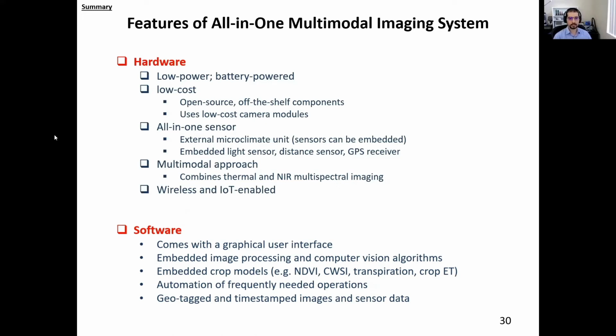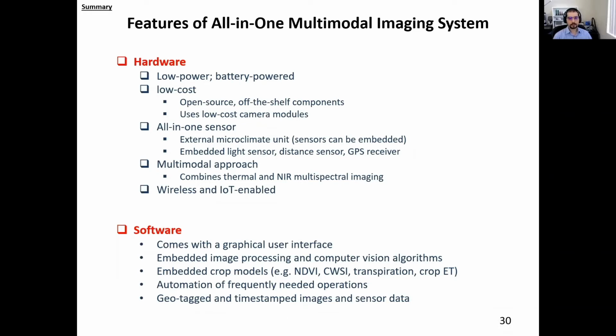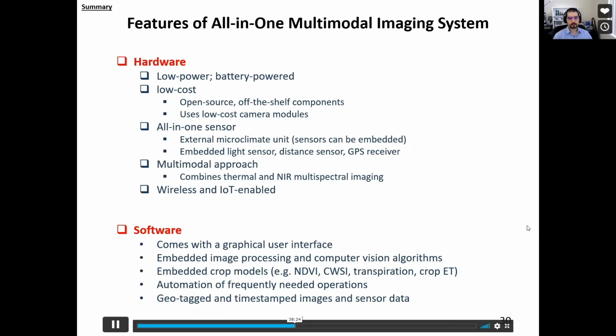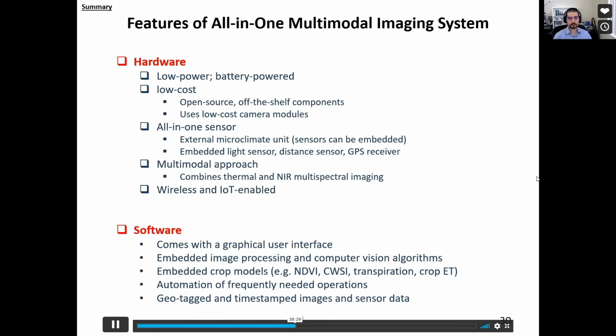I just embedded them in the imager, so it could do the calculations and provide me with the results. Frequently needed operations are clearly automated here, so there wasn't much that I needed to do. Images and sensor data that are recorded are all geotagged and time-stamped.